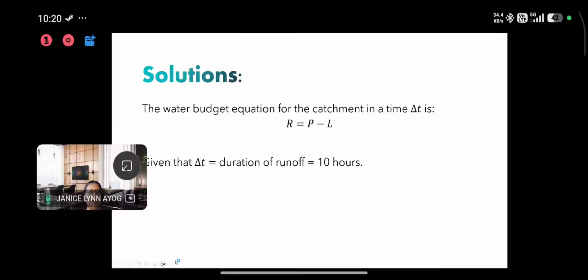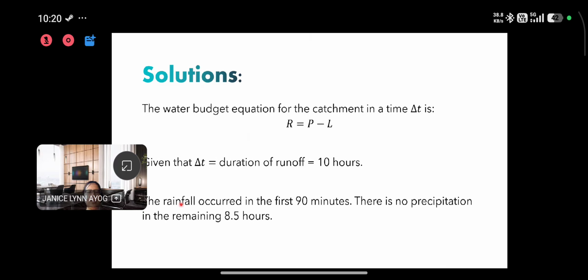Now, given that delta T, which is the duration of runoff, is 10 hours, the rainfall occurred in the first 90 minutes. There is no precipitation in the remaining 8.5 hours. Rainfall only happens the first 90 minutes or 1.5 hours, then the rest is dry. But the runoff actually extends to 10 hours.